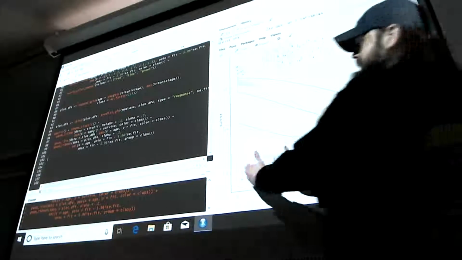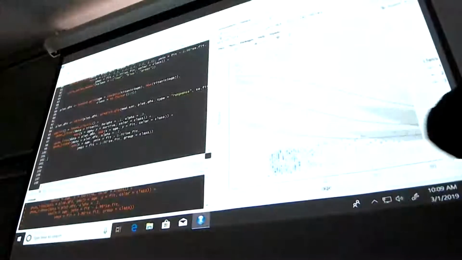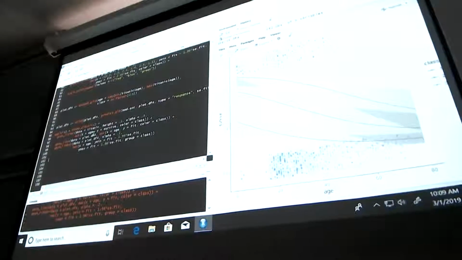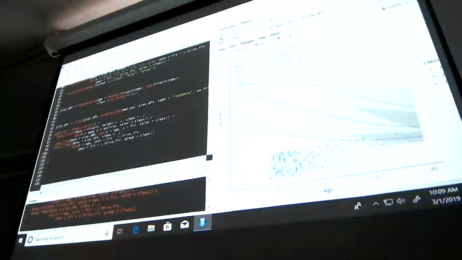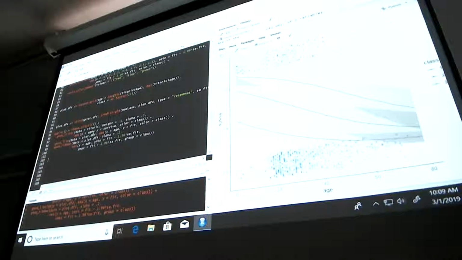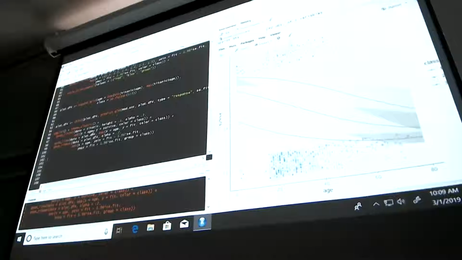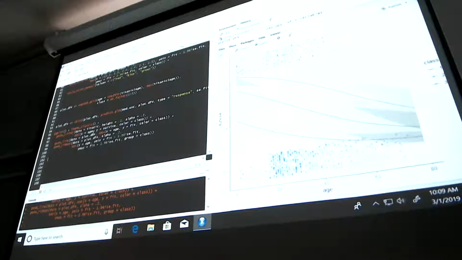It's comparing this chunk of data to that chunk of data and seeing that more people didn't survive in this group than did, especially if you're looking at first class females, where more of that group survived than not. So the probability of surviving if you're a female in first class is higher than a male in first class.